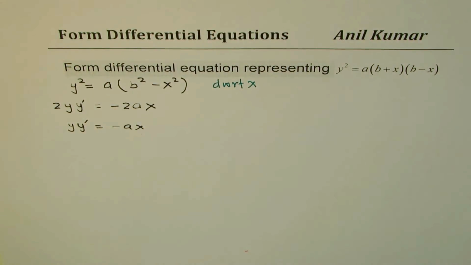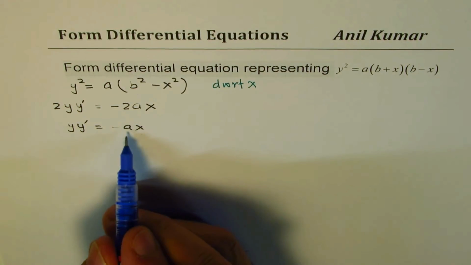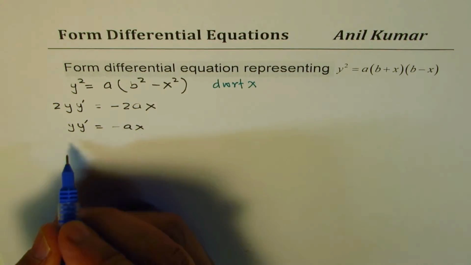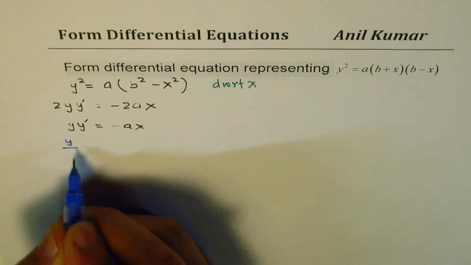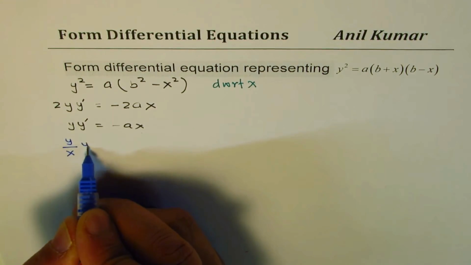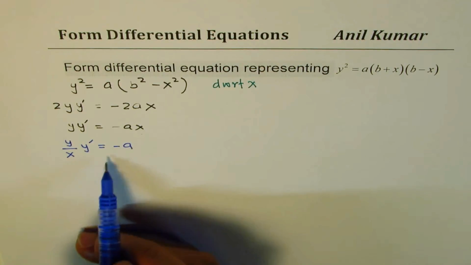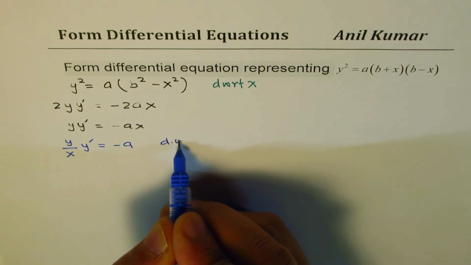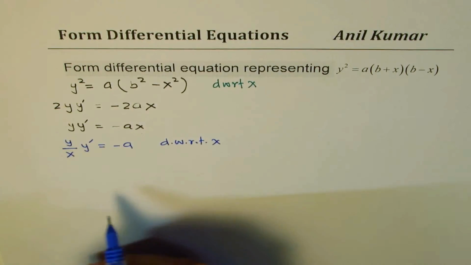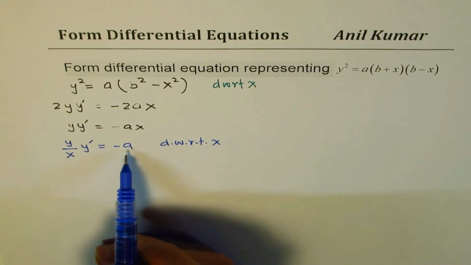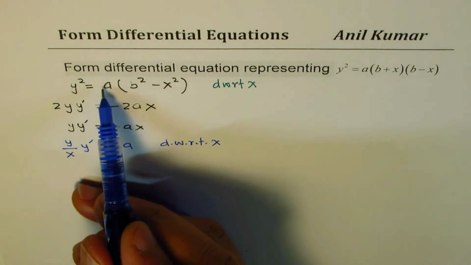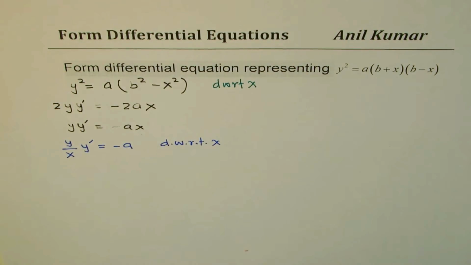Now since we want to eliminate a, I'll take x to this side. So what we get here is y over x, y prime is equal to minus a. Do you see that? And now we are going to differentiate with respect to x.